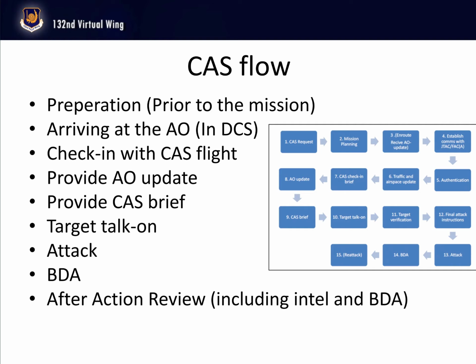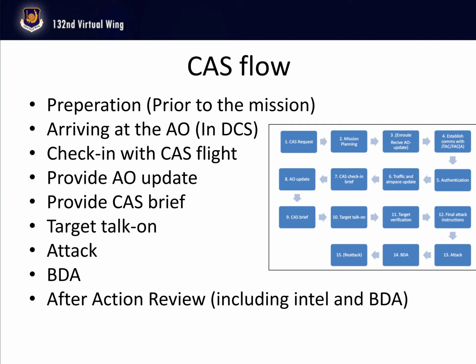So, of course, there's a lot more work to do when arriving to the area of operation before we can start killing stuff. We start by the aircraft arriving to what we call the contact point, or the CP.